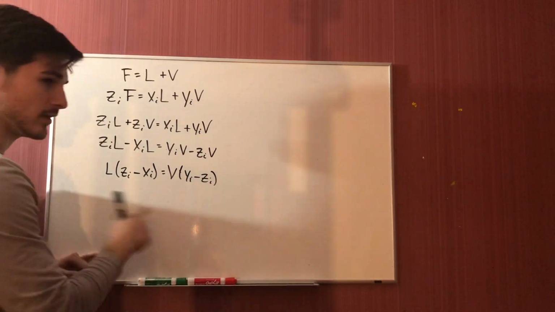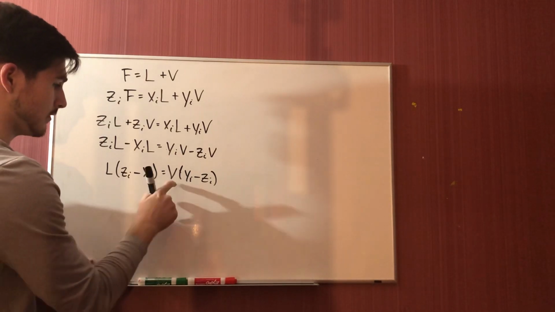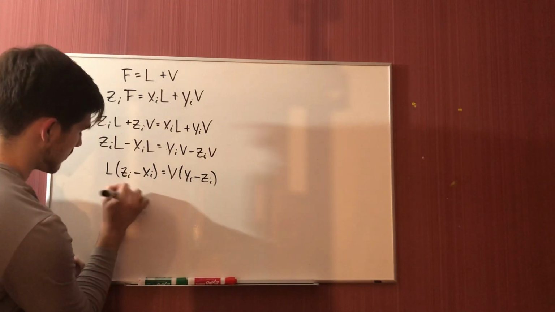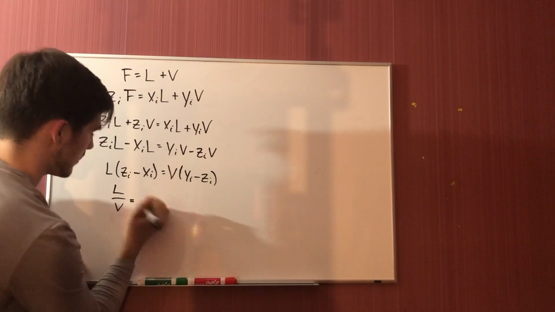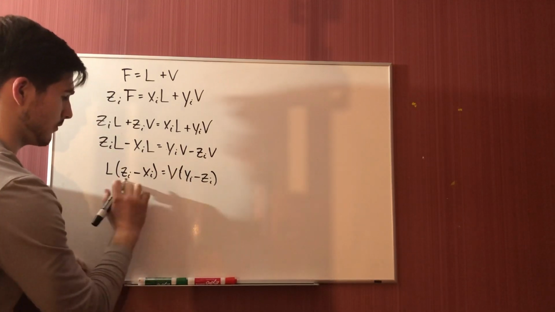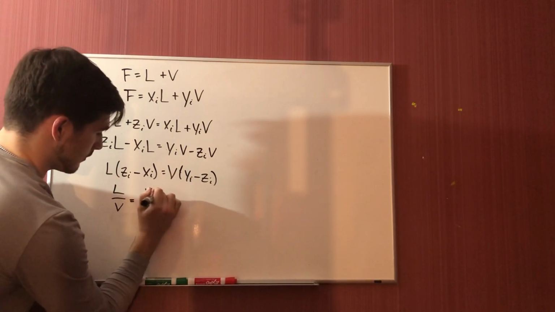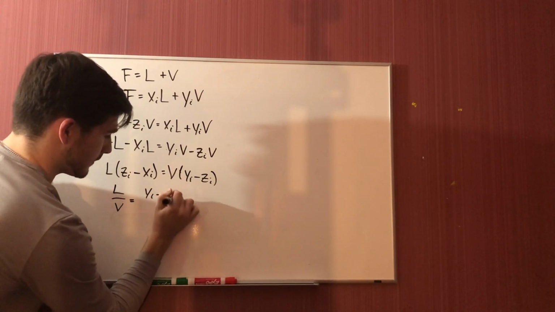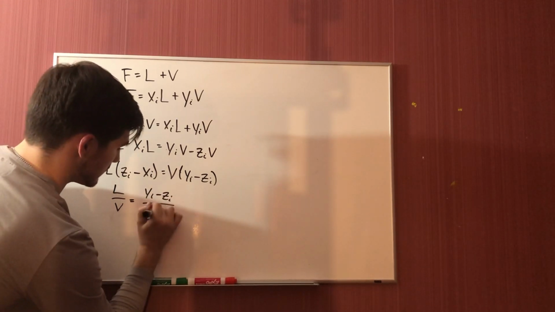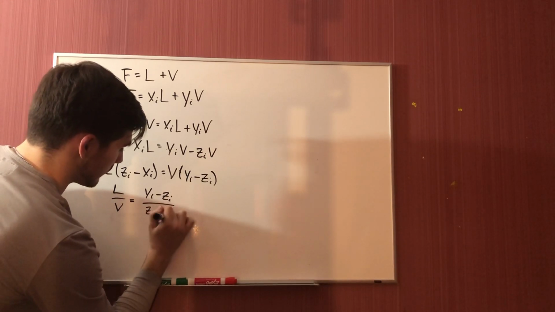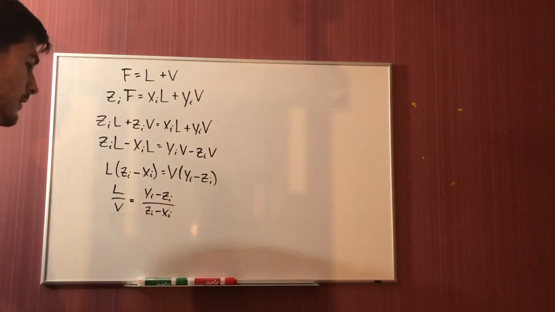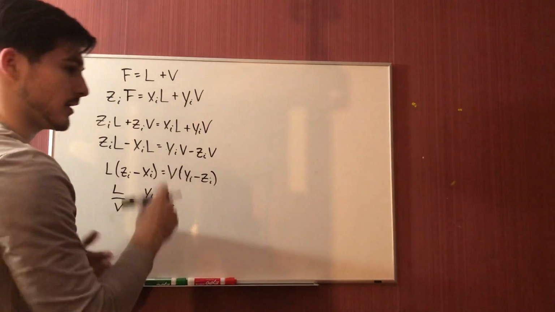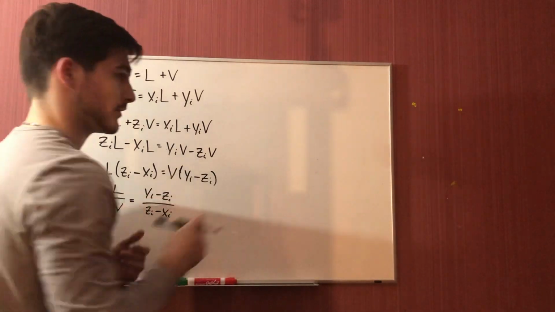And from here, we can get a ratio of the liquid to vapor moles in the system, and it is equal to this term over this term. So the vapor molar ratio of I minus percentage of I divided by percentage of I minus the liquid molar ratio. And so what if we have our dew and bubble temperature graph?